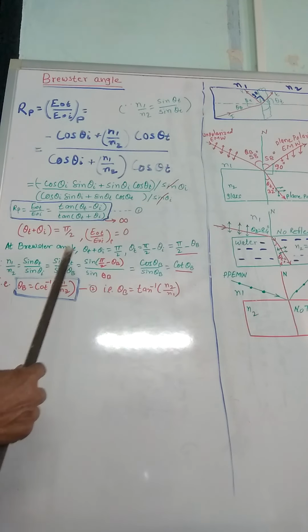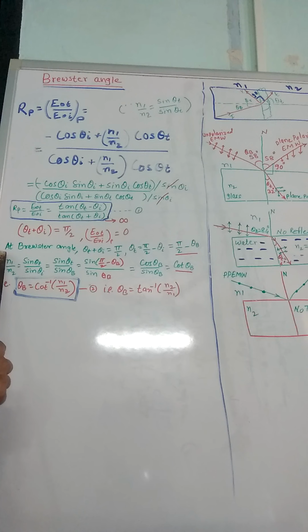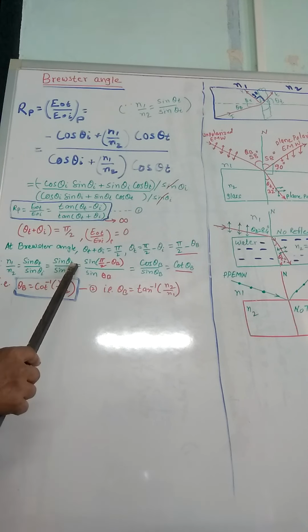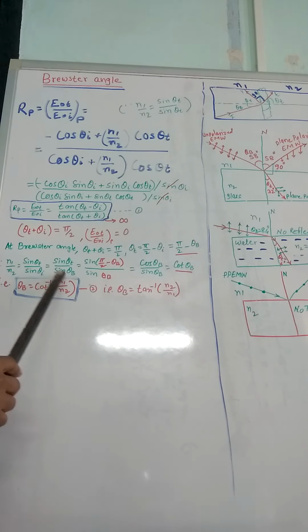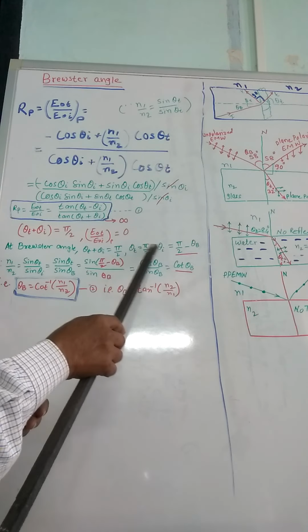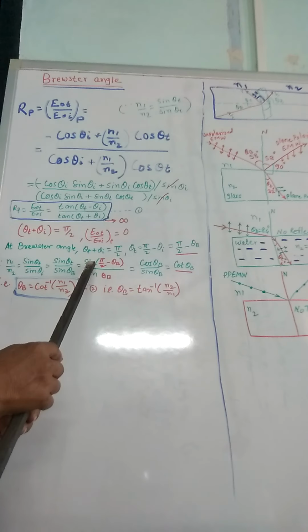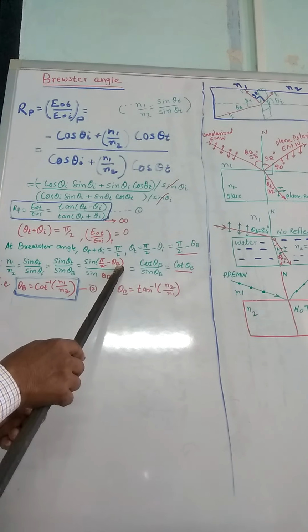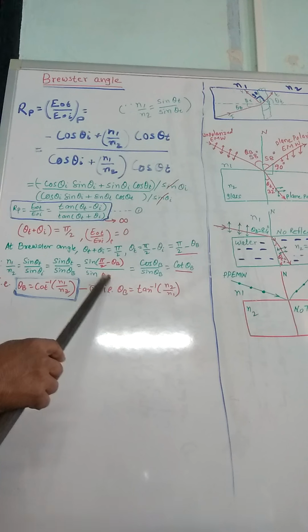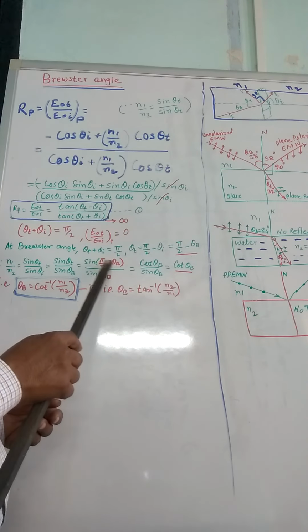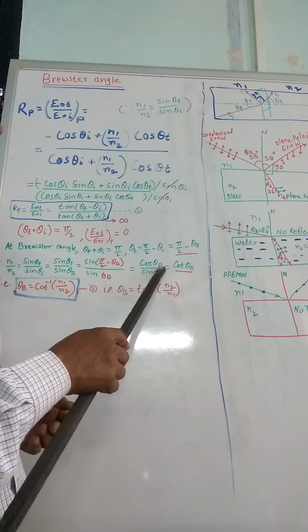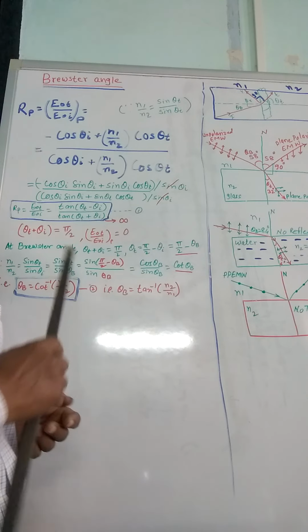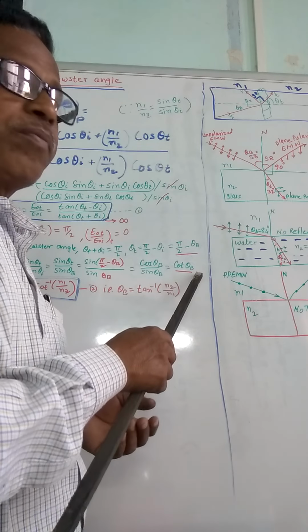Now from Snell's law, n1 by n2 equals sin theta T by sin theta I, which is sin of pi by 2 minus theta b divided by sin theta b. This can be written as cos theta b divided by sin theta b, which is equal to cot theta b.